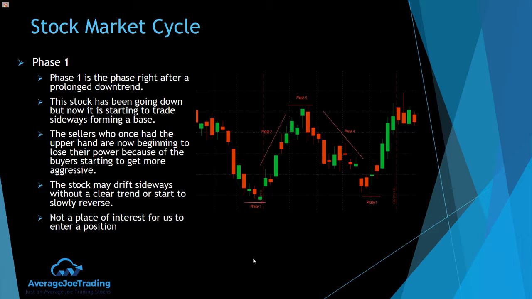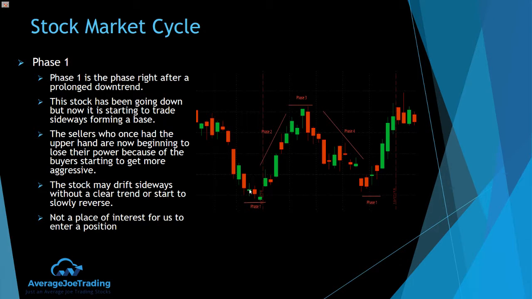Okay, phase 1. That's the phase right after a prolonged downtrend. So if you're looking at this cutout, you've got this long downtrend here. And what you want to start to see is this price action slow down. You see these huge candles?